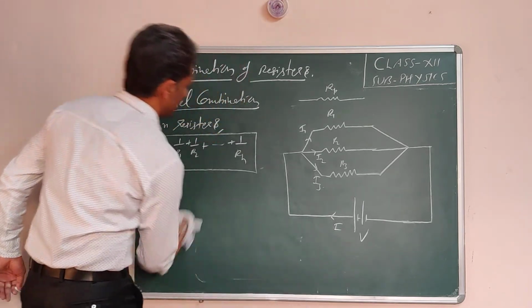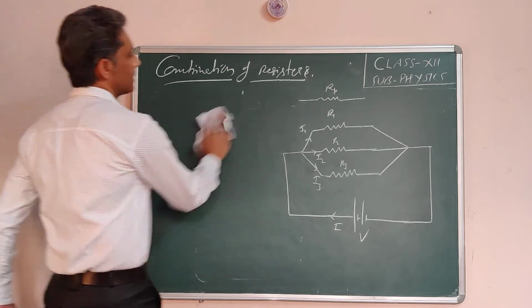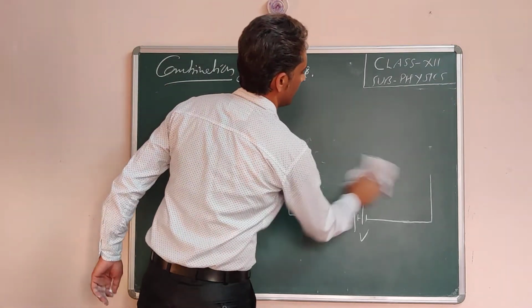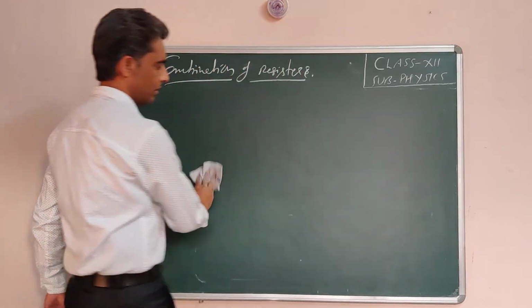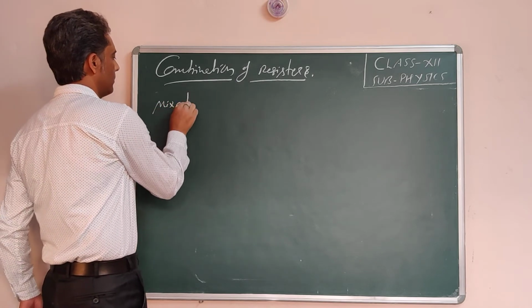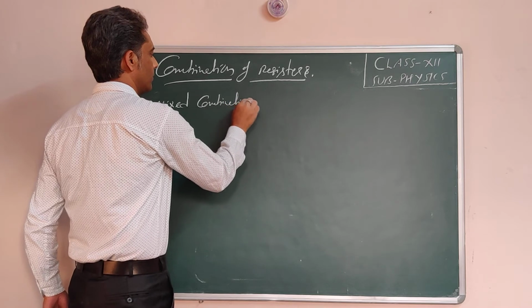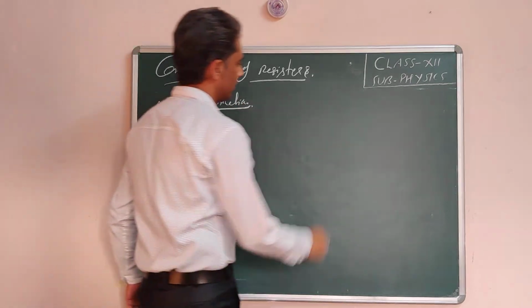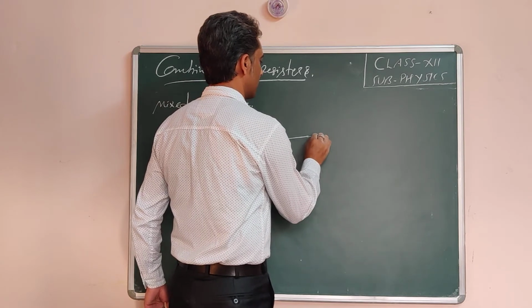The third one is mixed combination. So we can see a simple numerical for mixed combination. Let the resistors be connected like this.